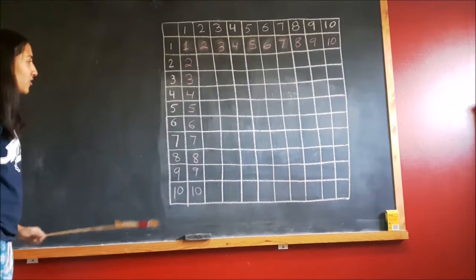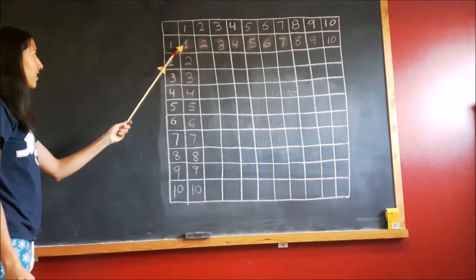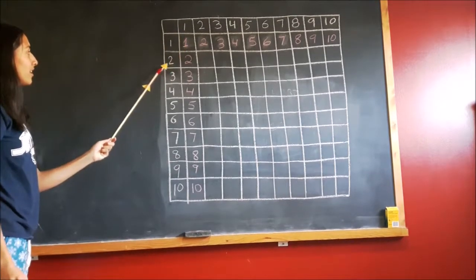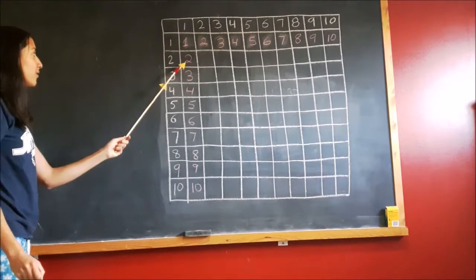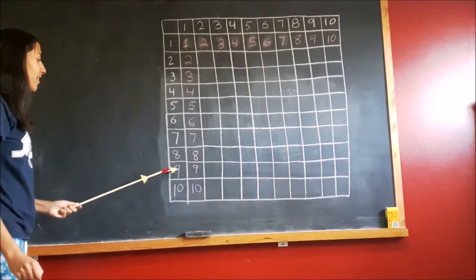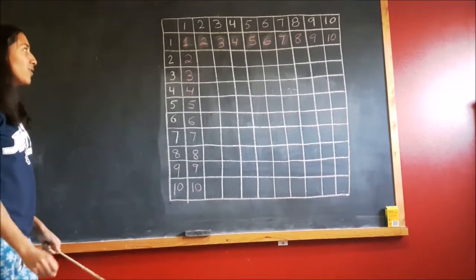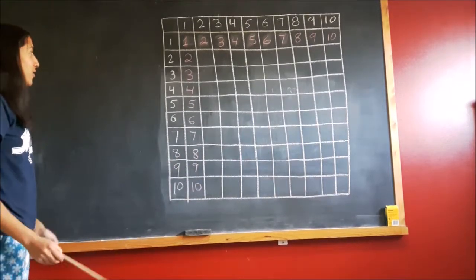Using the multiplication chart, we now know that any number times 1 is equal to itself, like 2 times 1 is equal to 2, 3 times 1 is equal to 3, 9 times 1 is equal to 9, and so on. So now let's go to the 2's.